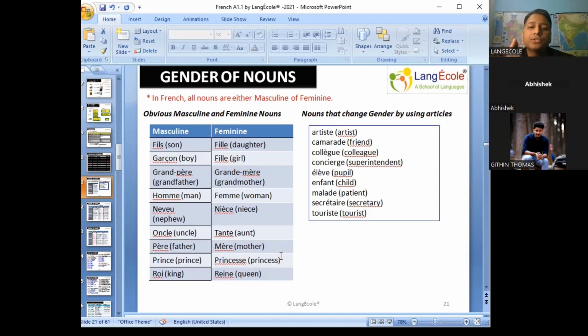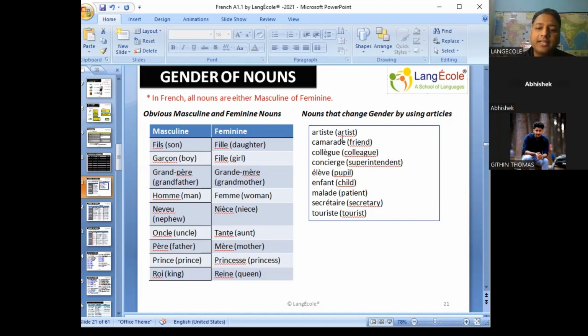For example, artiste will remain artiste itself, and most of them, I mean 90% of the time, you'll find that the noun is already ending with e. For some it will not be, like enfant. Enfant is child. So child is defined as both masculine and feminine. It cannot be just one. In English also, child is both, right? In French also, it is the same.